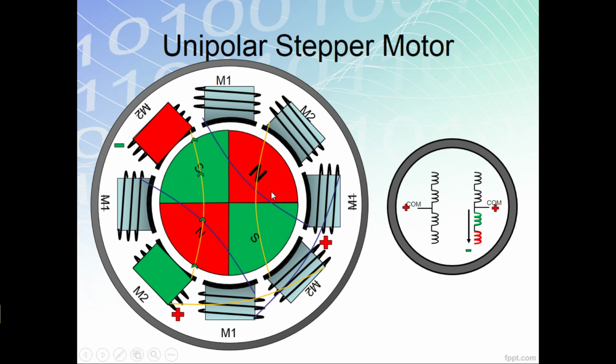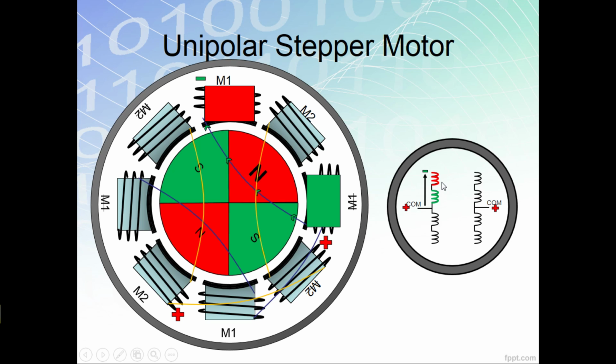Okay? Then, what if I place a negative terminal at the top of phase 1, as shown? It is expected that the current will be flowing upward and it will energize the coils accordingly.